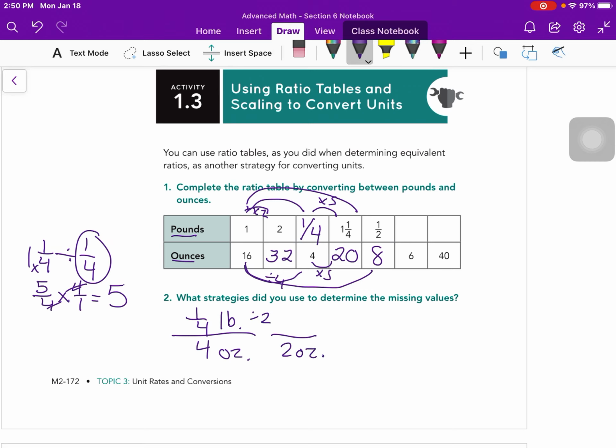I would divide by 2. And so if I take 1/4 divided by 2, it's like 1/4 times 1 over 2, which equals an eighth.